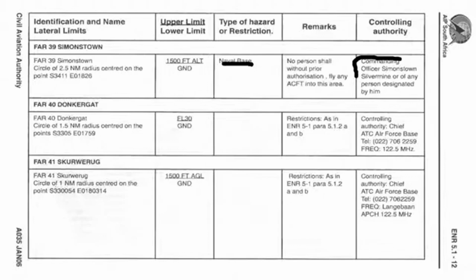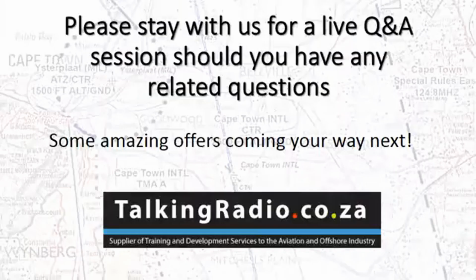Okay, should say by them. So that gives you an idea that in terms of the airspace design, there are procedures for each, whether it's controlled or uncontrolled, and you need to manage that accordingly.